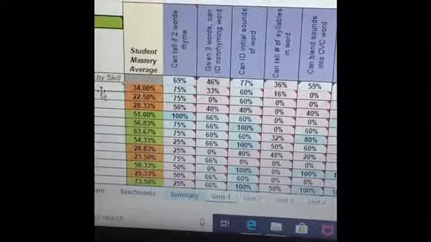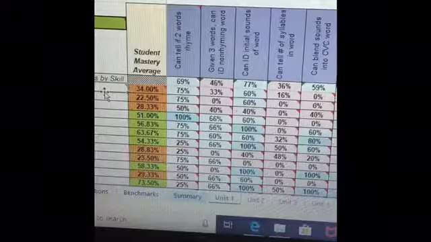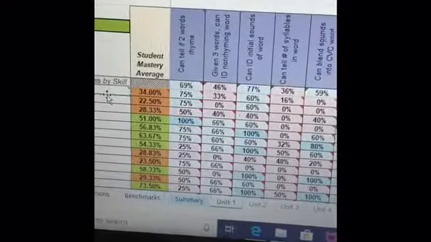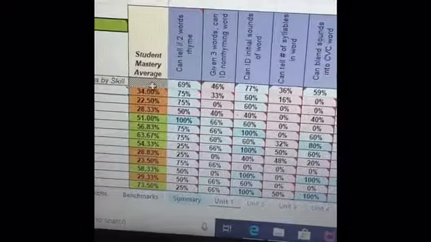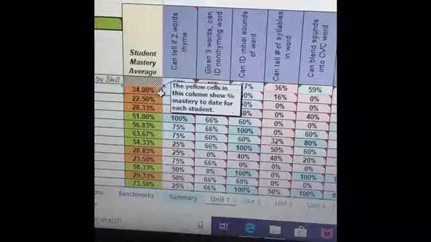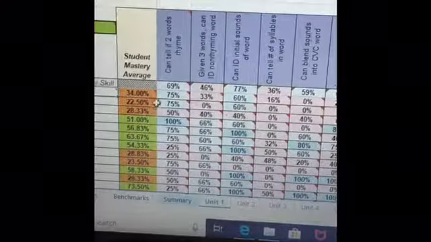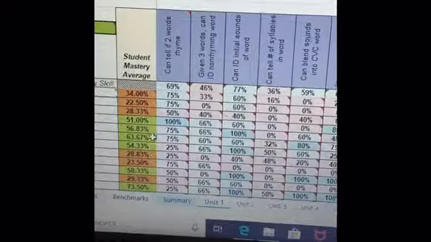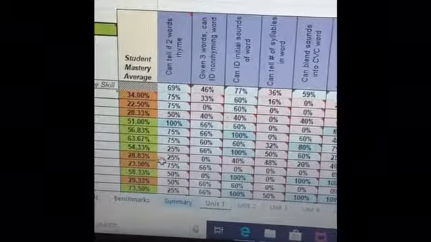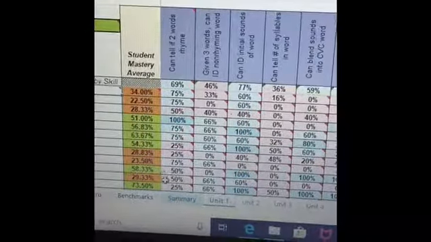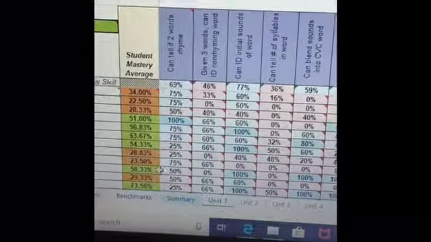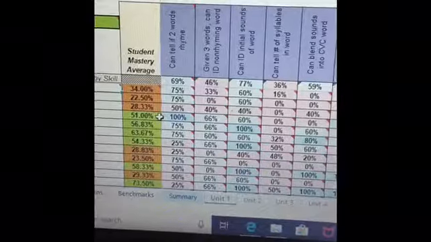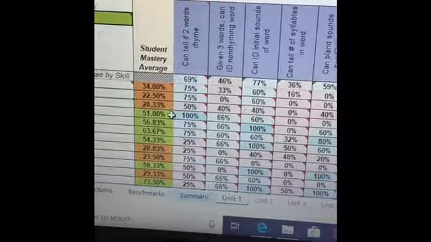As you can see here, I also was able to use data to differentiate instruction in the area of phonemic awareness. Again, you have some students that are coming in with a moderate level of understanding of phonemic awareness, but then you have some students that are a little bit stronger, and I was able to put these children in a different group and focus just on what they needed.